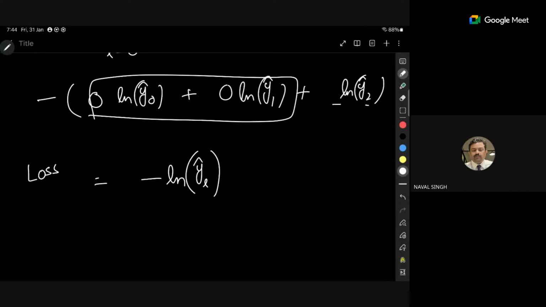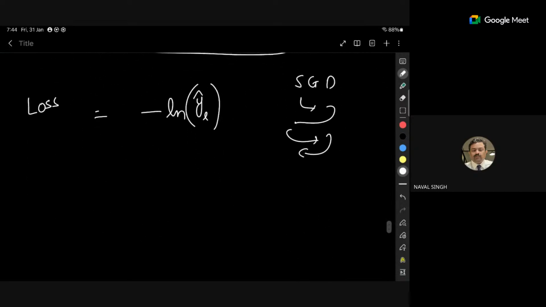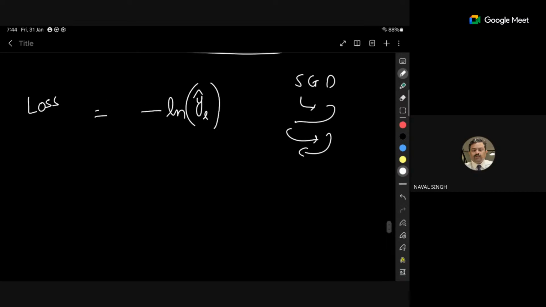This is for what we call stochastic gradient descent. In stochastic gradient descent, we send one sample at a time, then we back propagate it, then we send another sample and back propagate it. But if you have more than one sample, like if you do it in batches, then this function is a little different.